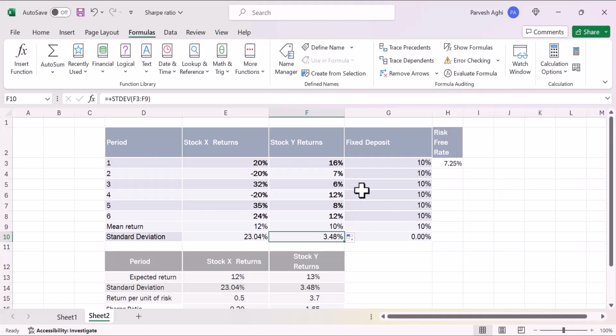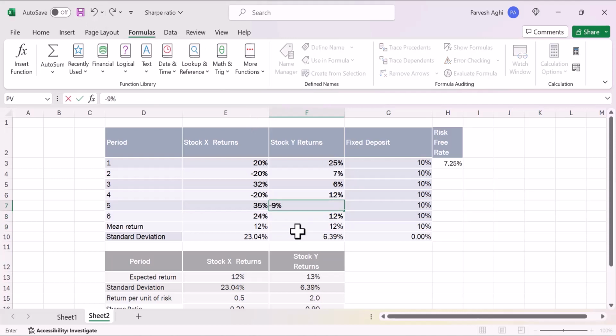Okay, fine. So let me just change it a little bit. Let's make it 25% return here, and make it 9% here. -9 था यहाँ पर पहले. चलो अभी हमने इसको -9 ले लेते हैं.